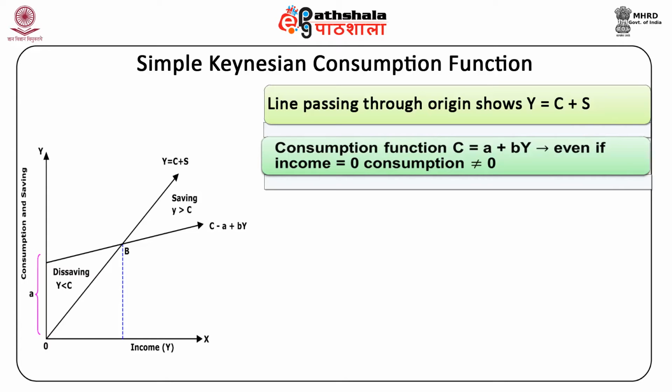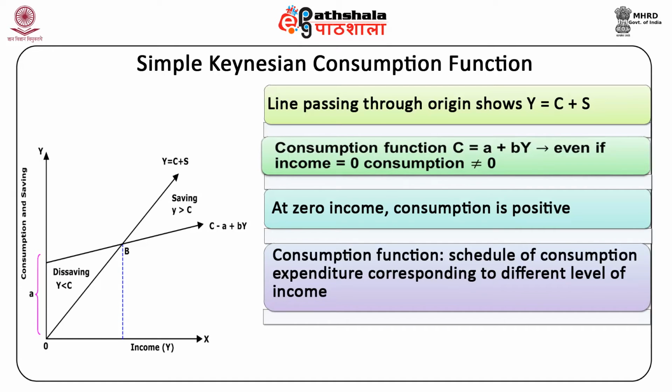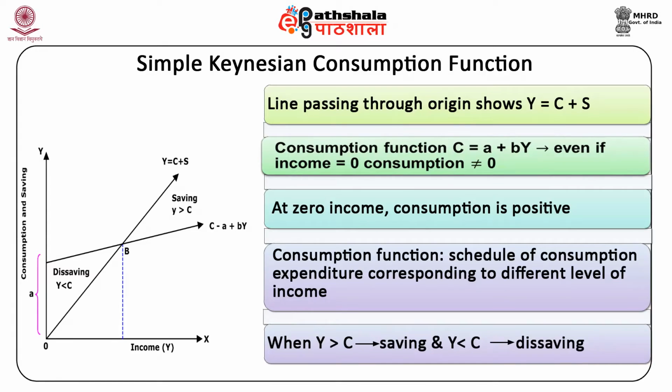In other words, at zero income, consumption is positive. Thus, the consumption function is a schedule of various amounts of consumption expenditure corresponding to different levels of income. Also, when income is greater than consumption, there is savings, and when income is less than consumption, there is dissavings.